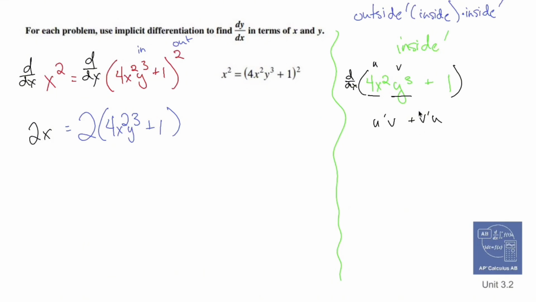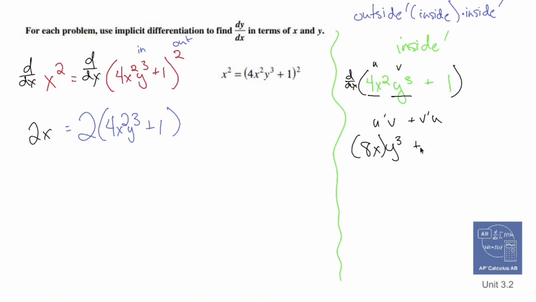The derivative of u with respect to x is the derivative of 4x squared, easy, 8x. Multiply everything by v as is, so that would be y cubed, no big deal.